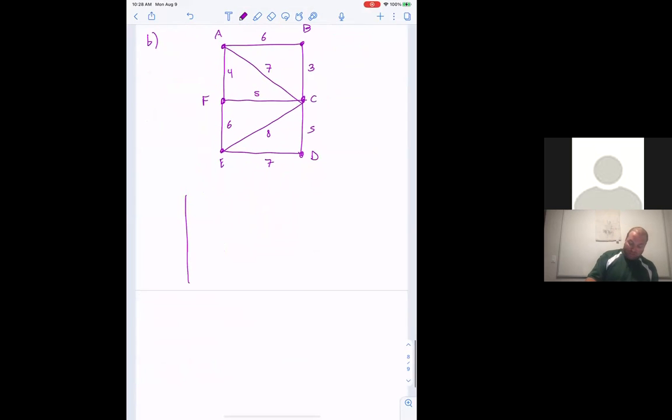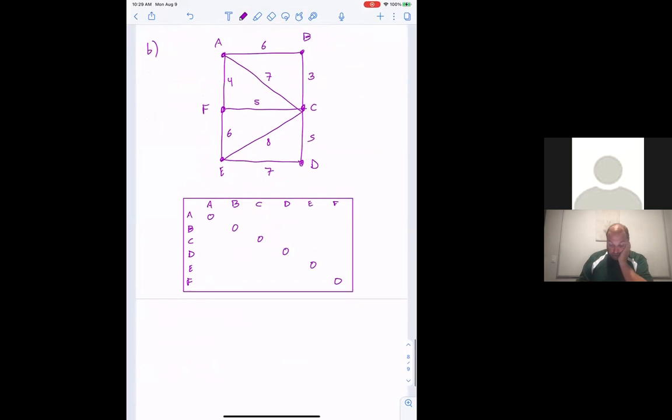So let's first make our table. And we're going to have A, B, C, D, E, F, 6 points. First throw in the zeros.